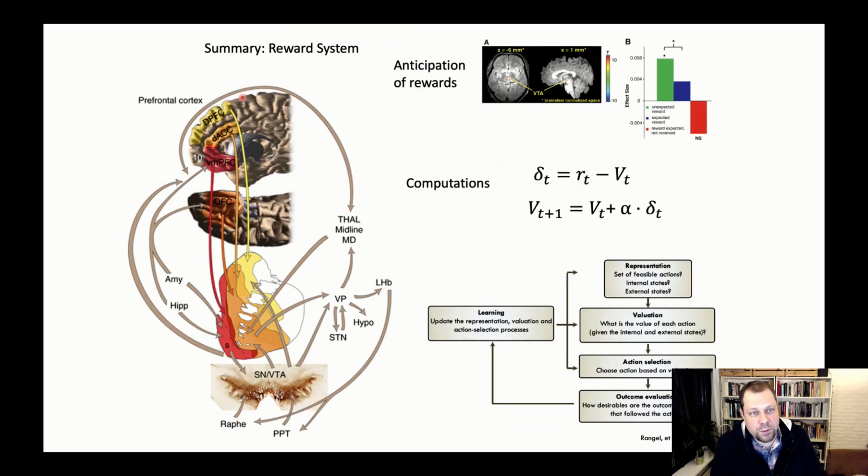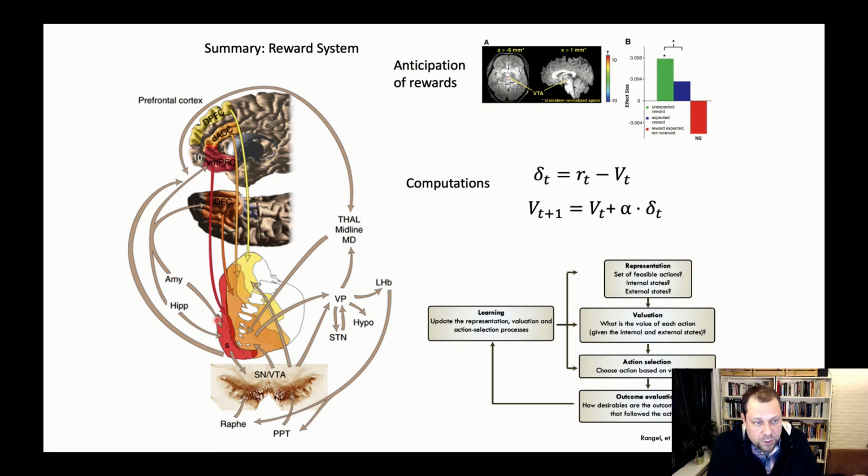So just to summarize what we've talked about today across all these different subtopics. We've talked about the reward system, which is wonderfully illustrated in this figure here with the dopaminergic origins in the substantia nigra and ventral tegmental area, which then form these complex projections to different parts in the striatum and then onto different parts in the prefrontal cortex.